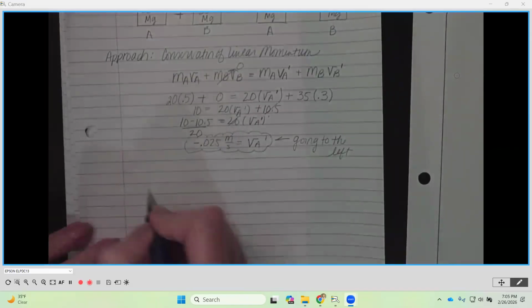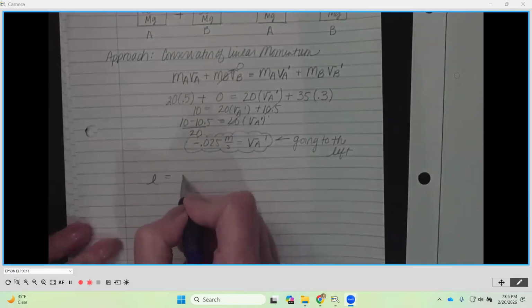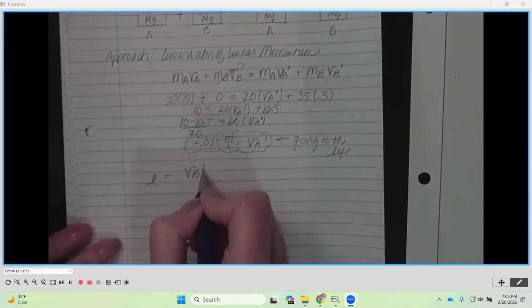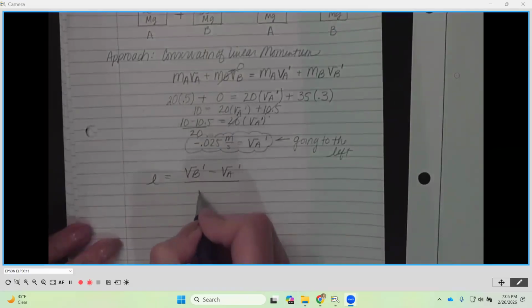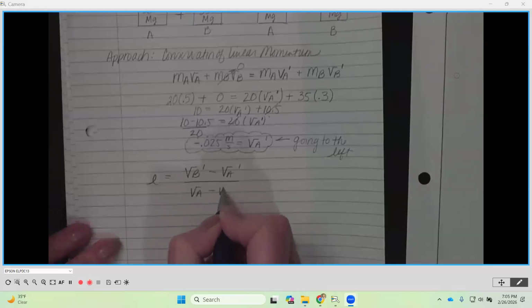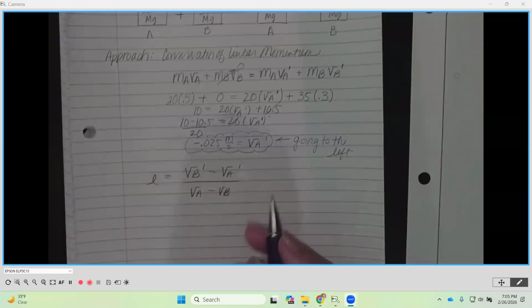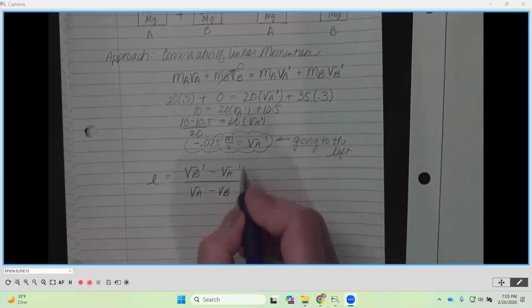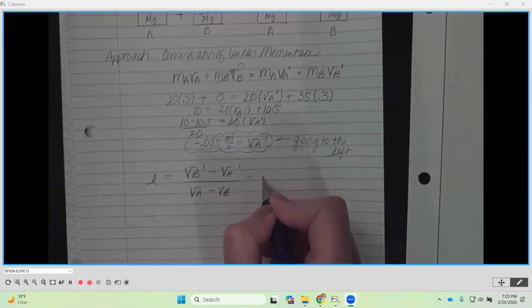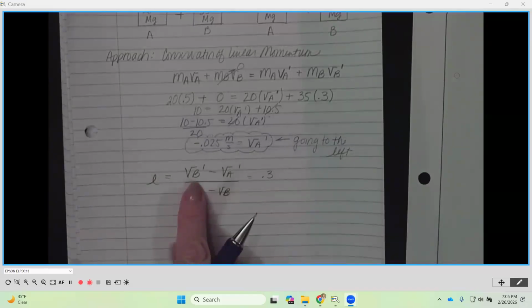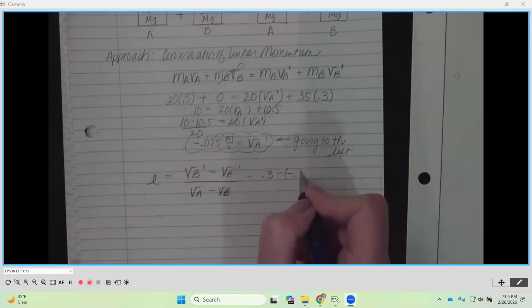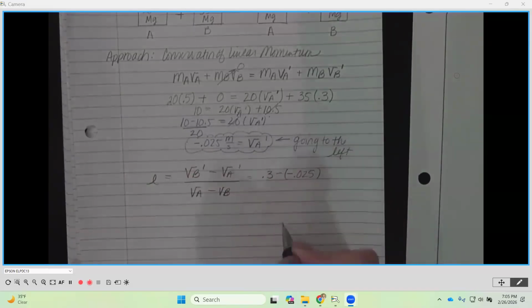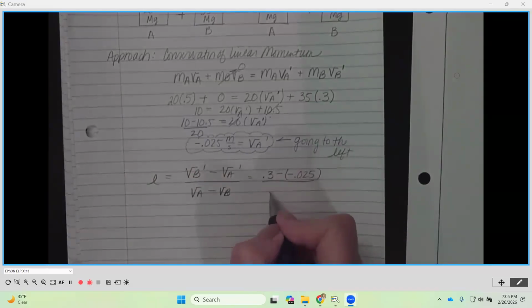So our E is going to be equal to velocity B prime minus velocity A prime divided by velocity A minus velocity B. So adding in our values, we're going to have 0.3 for velocity B prime minus, and then we're going to put the negative in there, minus 0.025 divided by 0.5 minus 0.